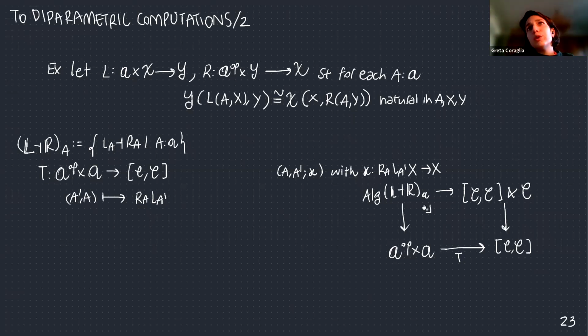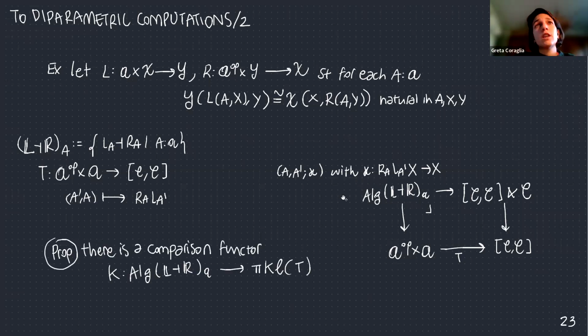The moment we compute the fibration of algebras construction, we can show that what comes out is comparable; not only that, but there is a comparison functor from our algebras to their algebras.